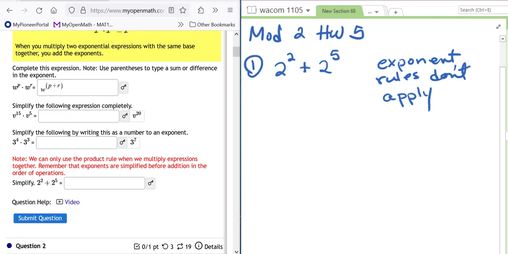If it was times, they would. What you have to do is just work them out. So this gives you 4 plus 2 to the 5th is a 32, and that would give you 36. So it is not one that you can do a shortcut like the one above. This was multiplication. So that is the difference there.